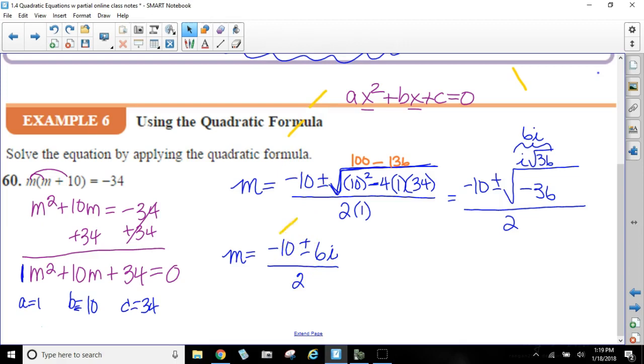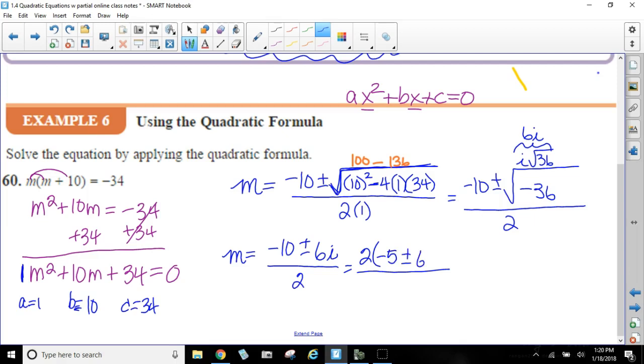Another way to think about this, and essentially what you should do, is factor out that common factor of 2 in the numerator and write the leftovers: 2 times negative 5 plus or minus 6i, and then that's all over 2.